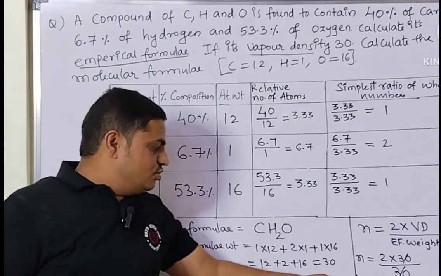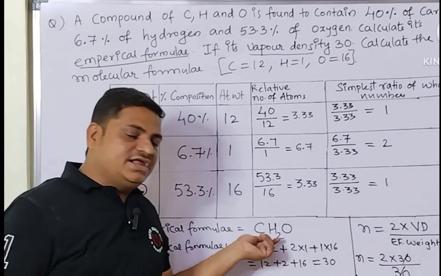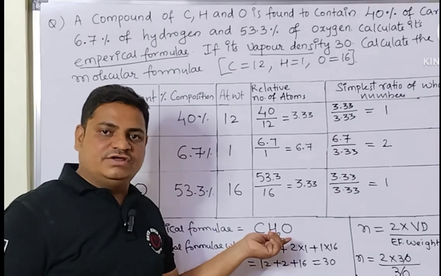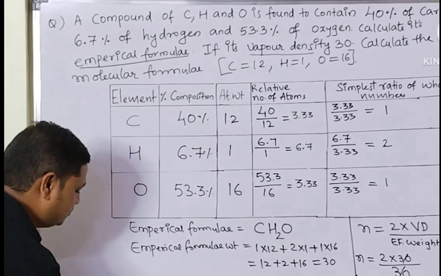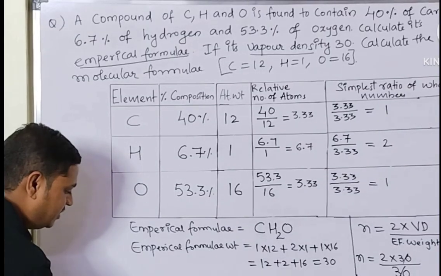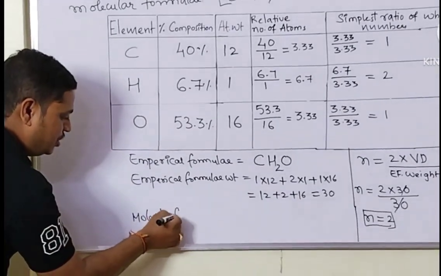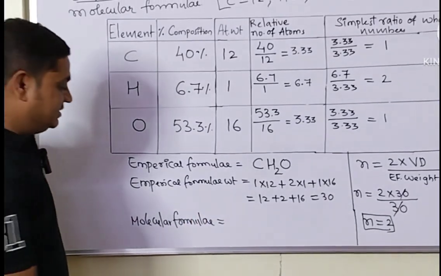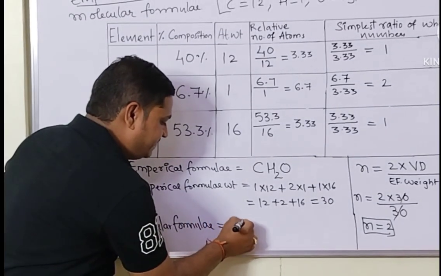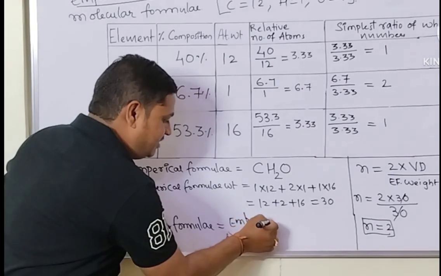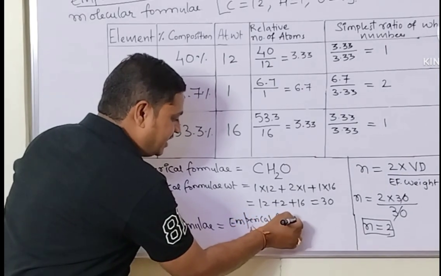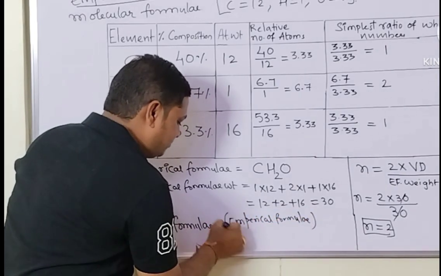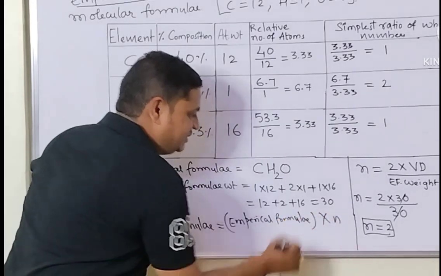Okay, so you got the n value and you know the empirical formula. With that we can find the molecular formula, right? So the molecular formula is equal to the empirical formula multiplied by the n value.